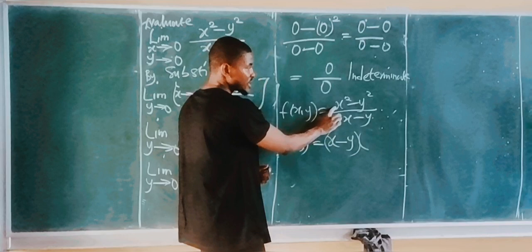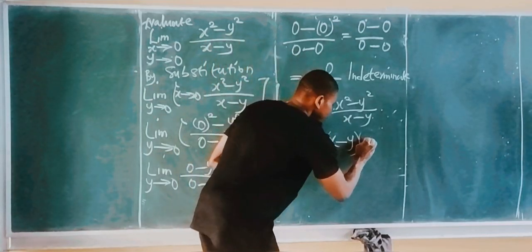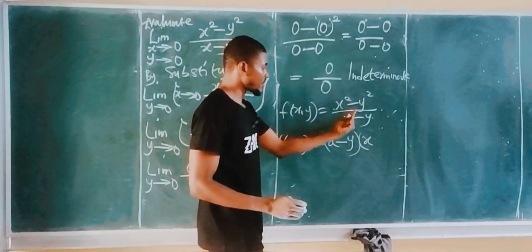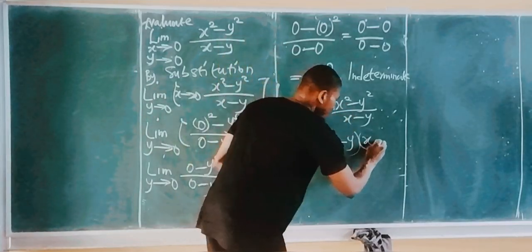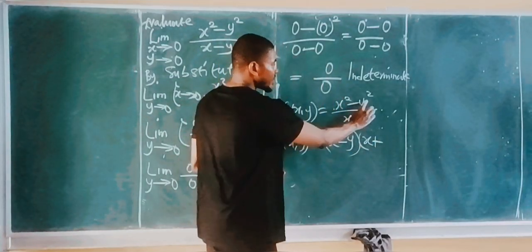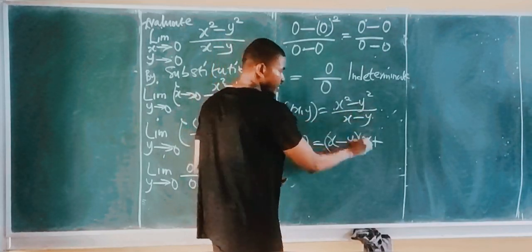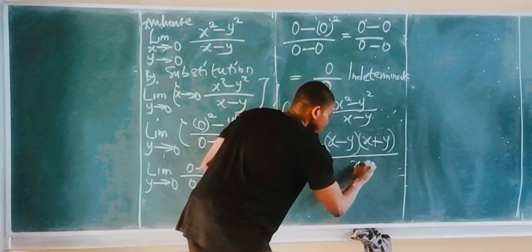Since I pulled one x from x squared, I'm left with x here. I bring back the sign as minus, and now change it to plus. I'm also left with y here, close the bracket, all over x minus y.